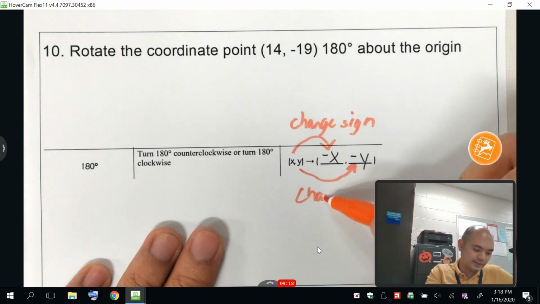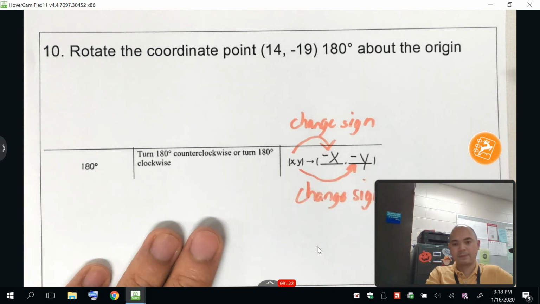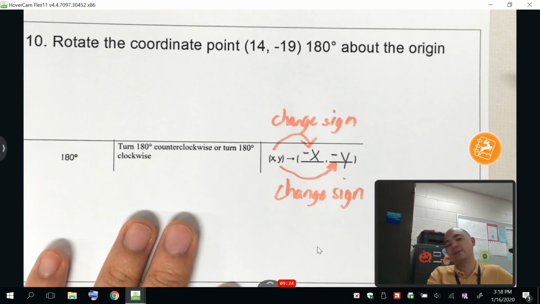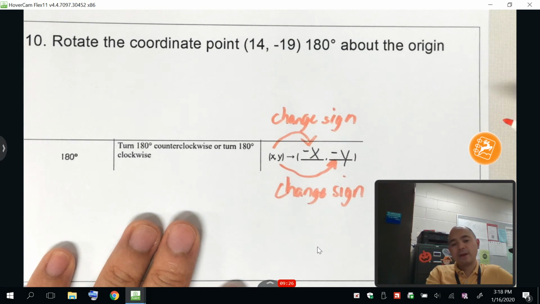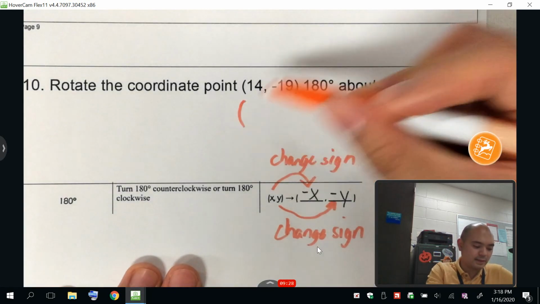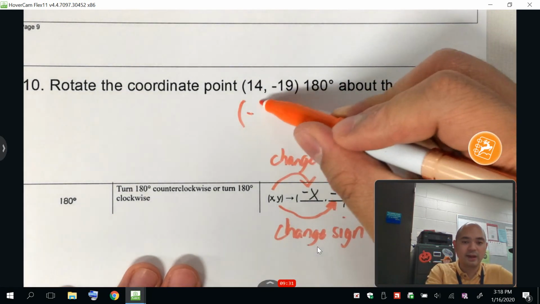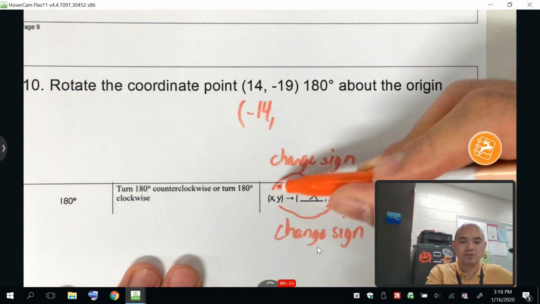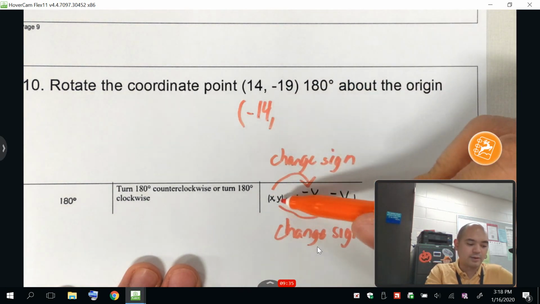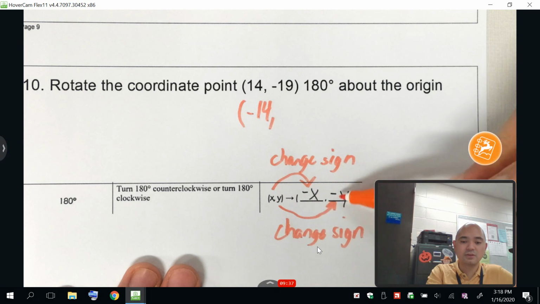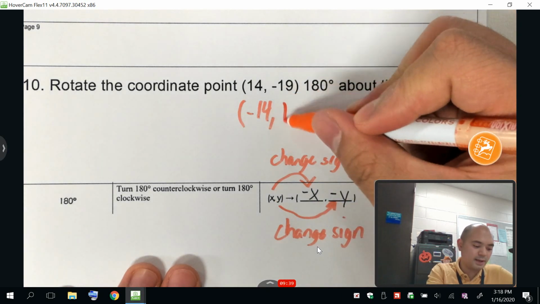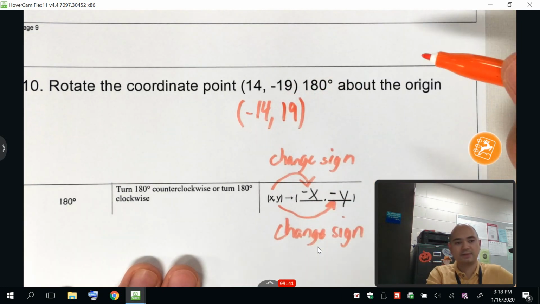They have different signs here, so different signs means I change the sign. Alright, so take a minute to answer this. And now your answer should be 14 changes to a negative 14, change sign. And then your negative 19 changes to a positive 19, change signs.